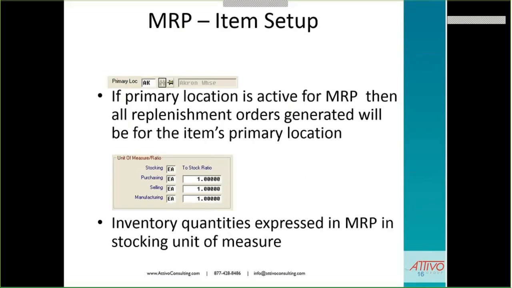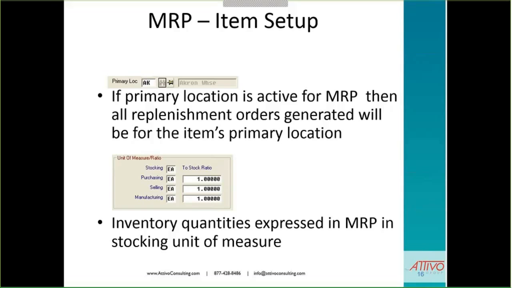The location is really important to MRP. A point to consider is that at this time, and I'm saying this for Progression, Macola ES, and Exact Macola 10, Macola MRP is a single location MRP system.